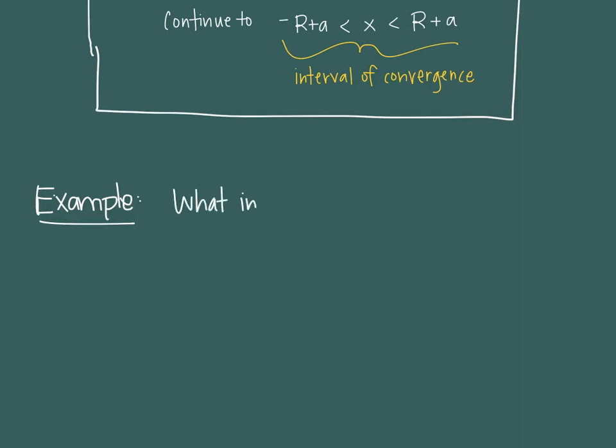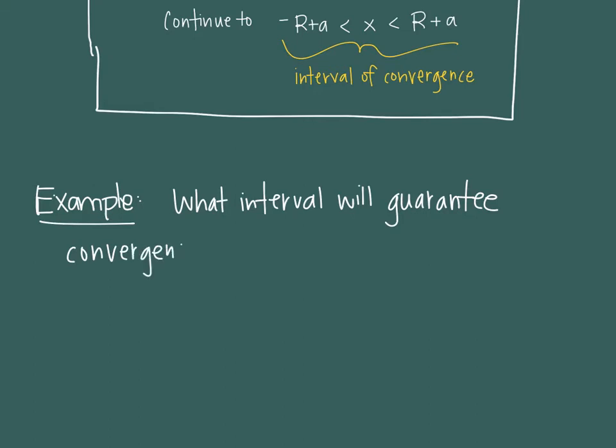All right, what interval will guarantee convergence for the following power series, where n starts at 0 to infinity, and we've got n x to the n over 10 to the n.